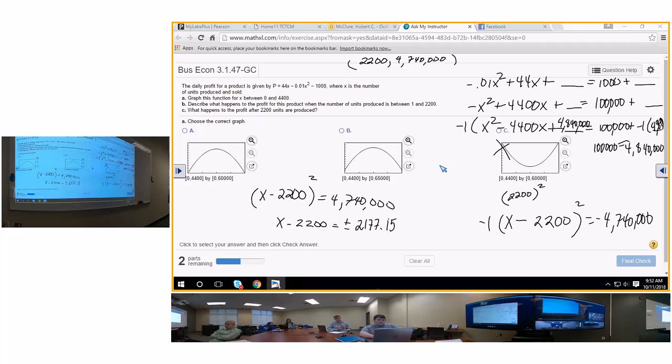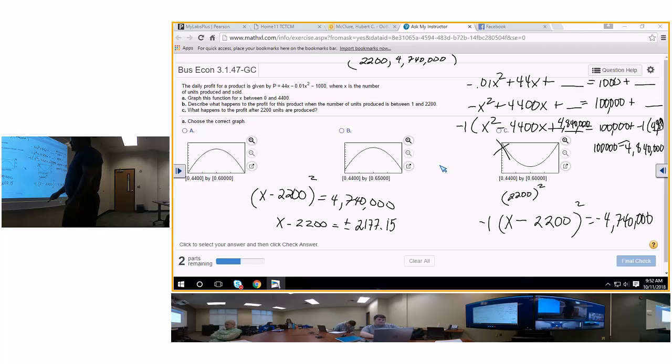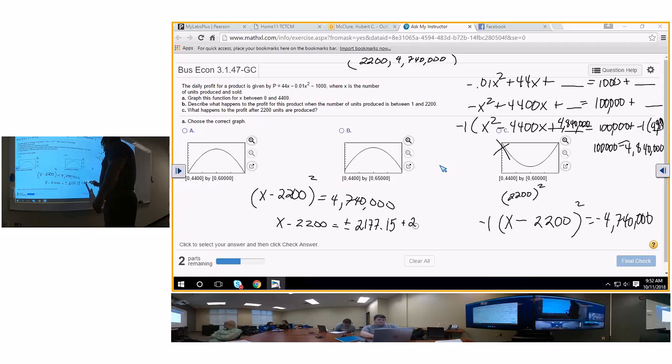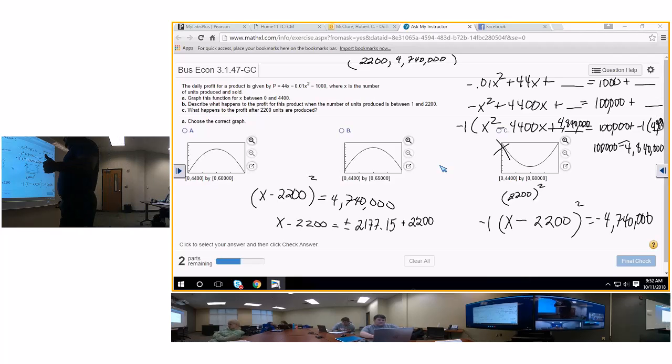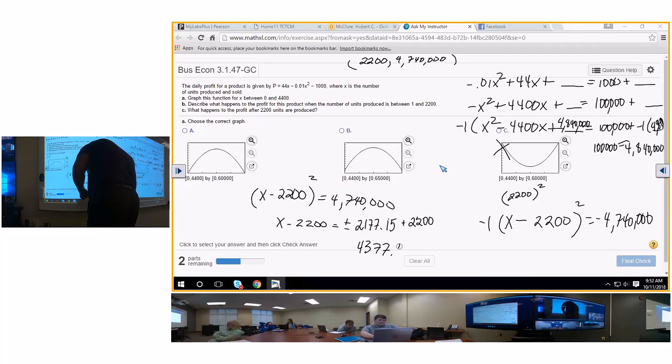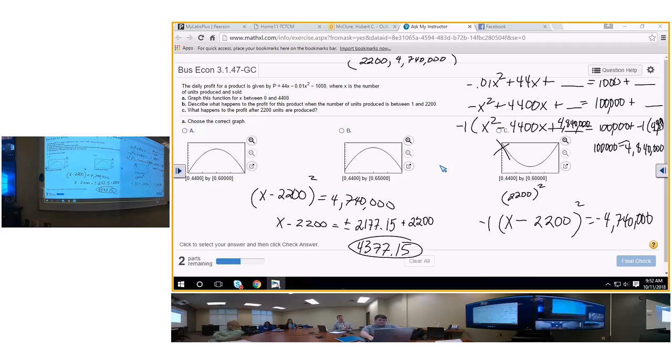Okay, so somebody add 2200 to that, and that's going to be 4377.15. Yep. Somebody check me. That's right. That's one x-intercept.